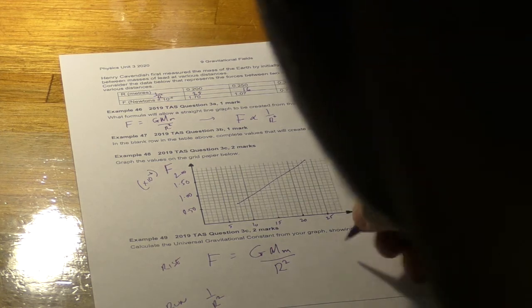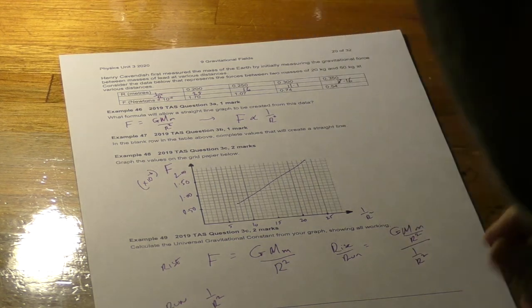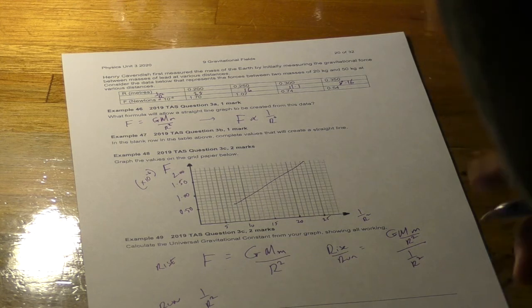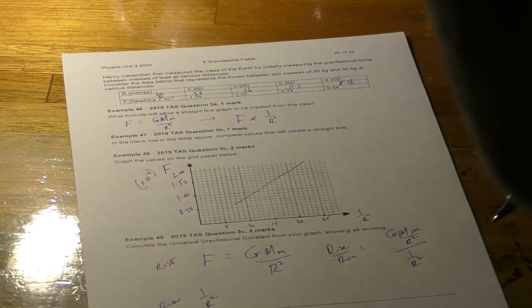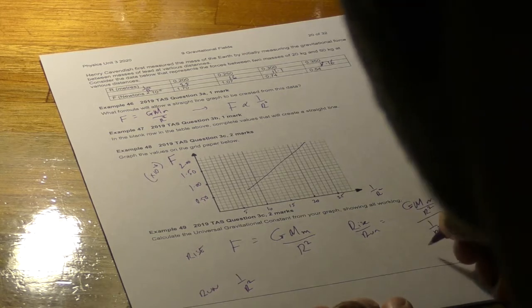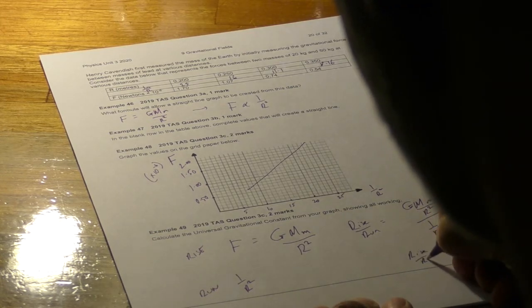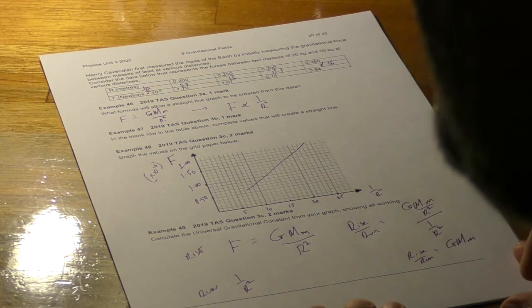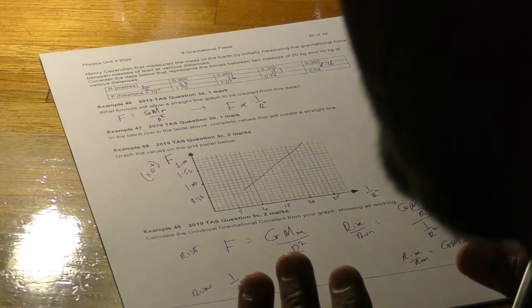So if you then go and try and create your rise over run, what you end up with is GMm on r squared over 1 over r squared. So what does that leave you with when you do a little bit of flipping and multiplying? The r squareds cancel out, and it gives you a rise over run which is equal to G big M little m.